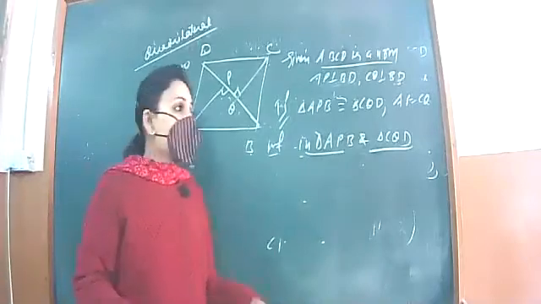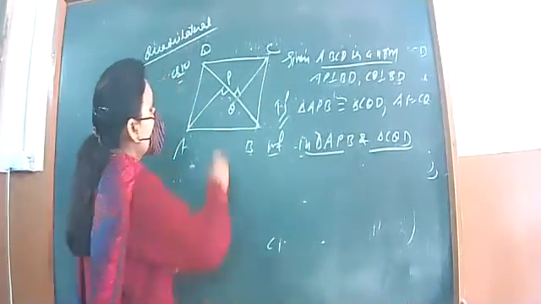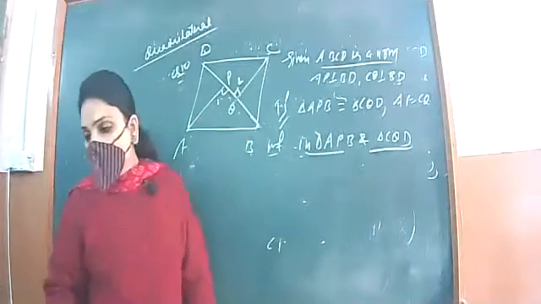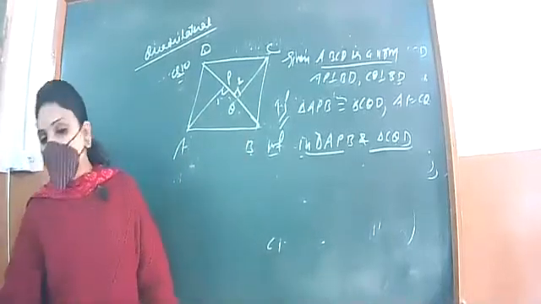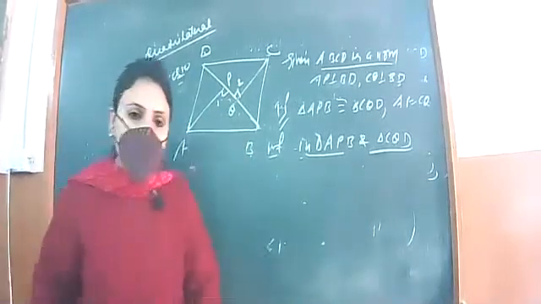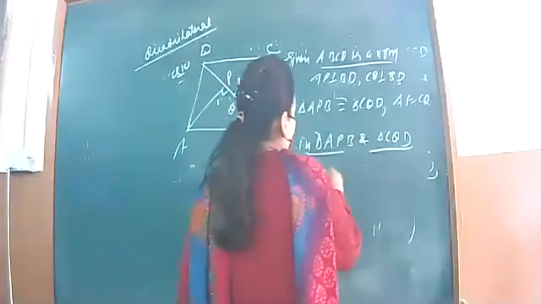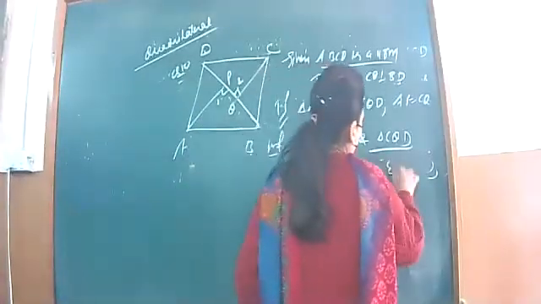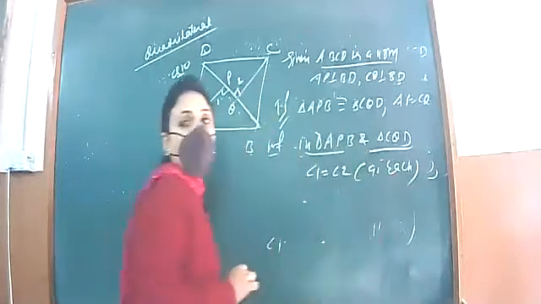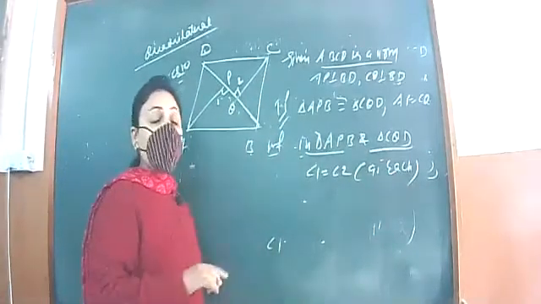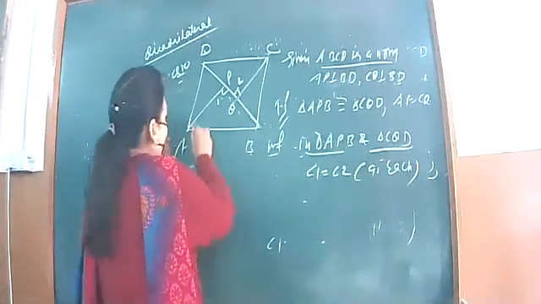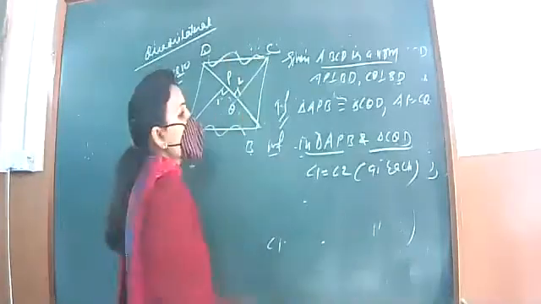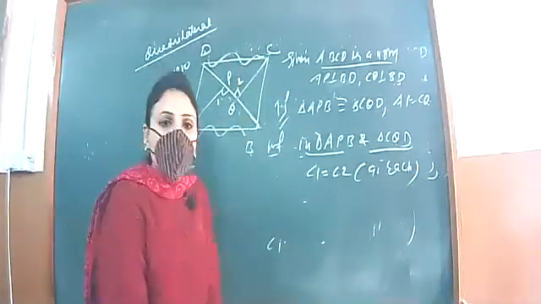So we can have angle 1 equal to angle 2, 90 degrees each. And as it is a parallelogram, we can have AB equal to CD because opposite sides of a parallelogram are equal.